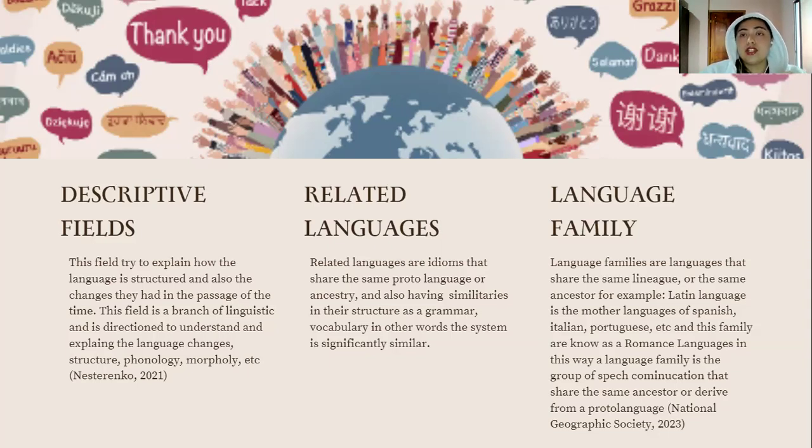Our language family is the Romance languages, because from Latin were born many branches such as Portuguese, Italian, French, Catalan in Spain, and also Spanish. Another example is the Germanic languages, which include English and other branches.